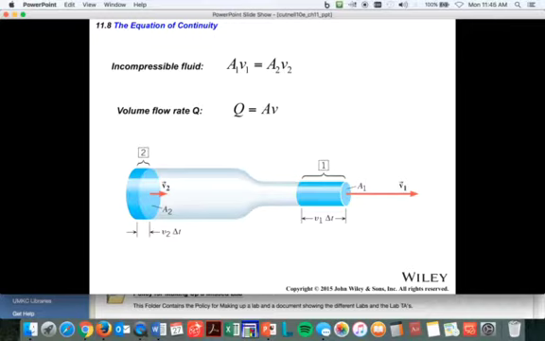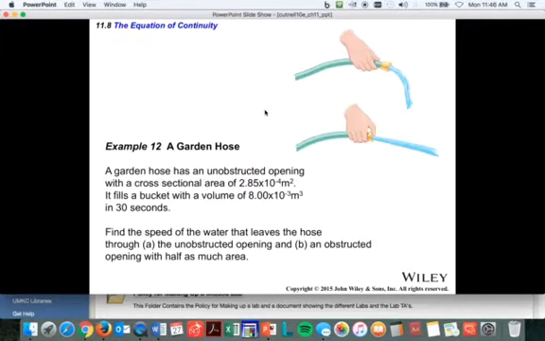And in an incompressible fluid, in other words, one where the density stays the same throughout, you've got A1 V1 equals A2 V2, and the volume flow rate, Q, is equal to A V. Why does that work? Because look, you've got meters squared times meters per second, so that's cubic meters per second. That's why that works.